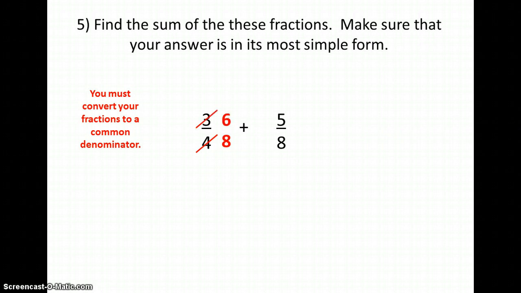Now since I have two fractions with common denominators, I only need to add the numerators and keep the denominator. 6 plus 5 is 11, so my sum is 11/8. Now I need to convert that into a mixed number in simplest form, 1 3/8.